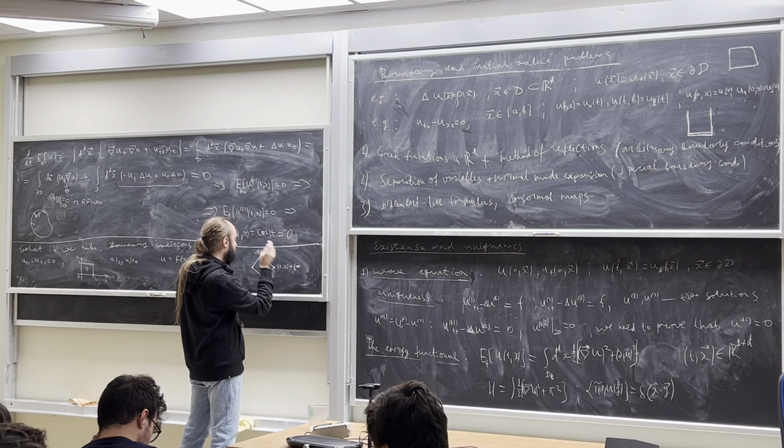Let us call these points 1, 2, 3, and 4. And let us write the value of the solution of this wave equation at these 4 points. So u1 equals f of x plus t plus g of x minus t. u2 equals what?